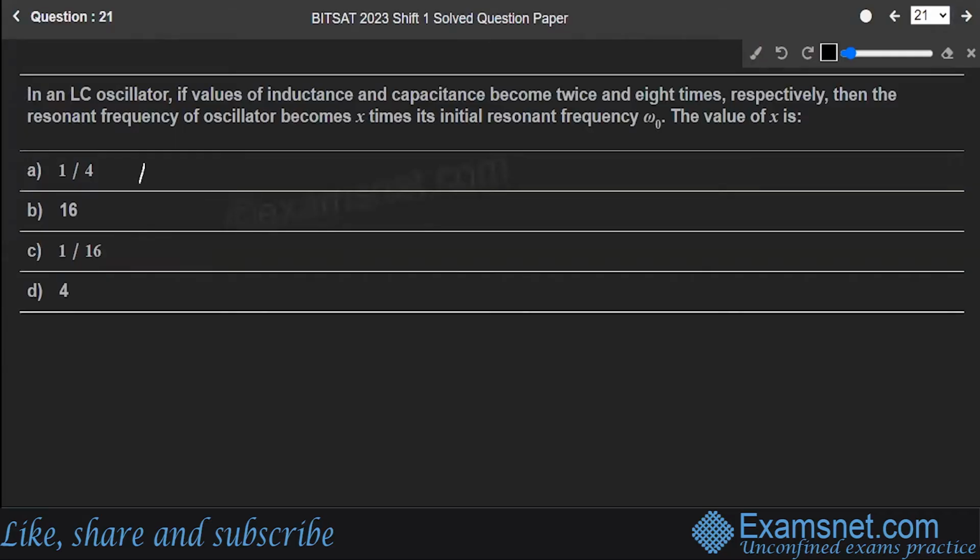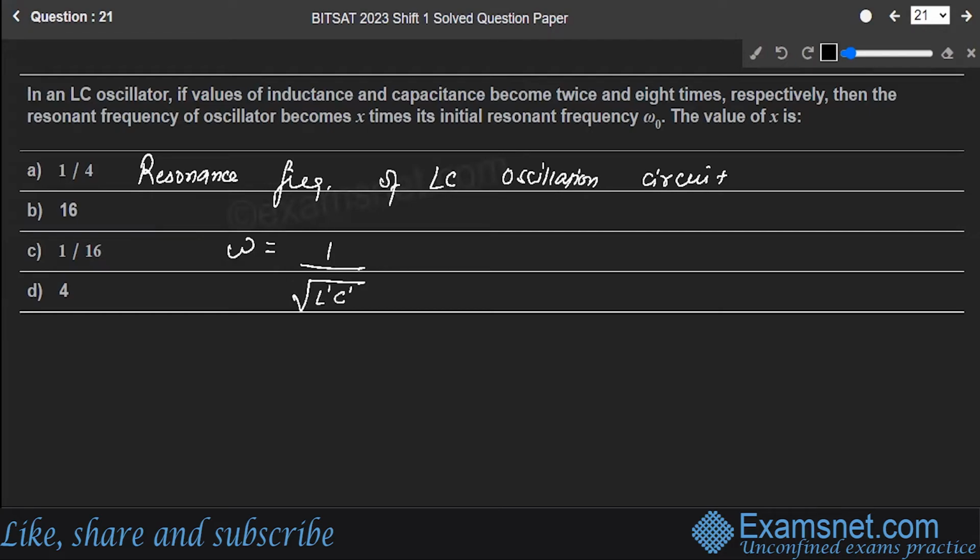Okay, first thing, resonance frequency of LC oscillation circuit is given by omega is equal to 1 upon root of L dash C dash. Here in the question, you have L dash is equal to 2L because the inductance becomes twice, and capacitance becomes 8 times, so C dash is equal to 8C.